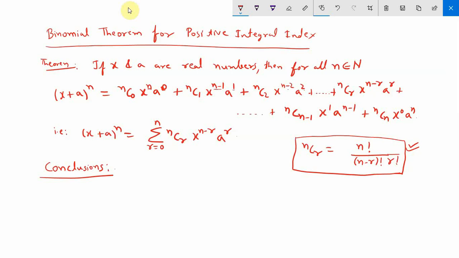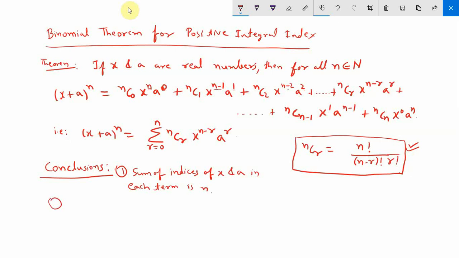So the first conclusion is the sum of indices of x and a in each term is n.